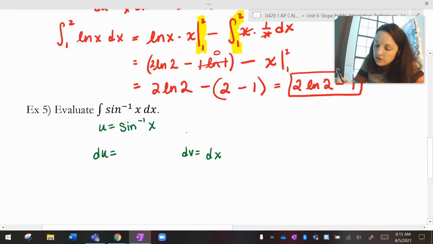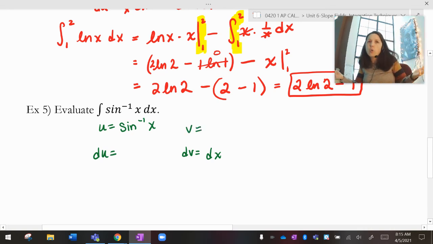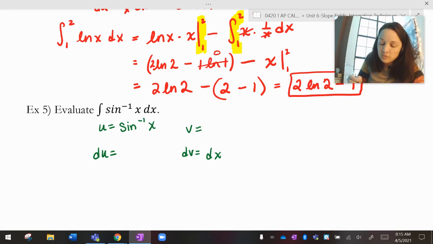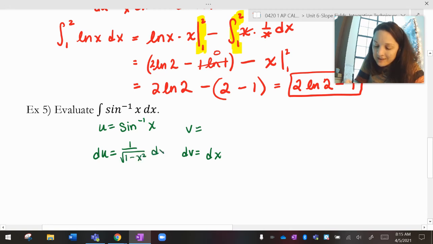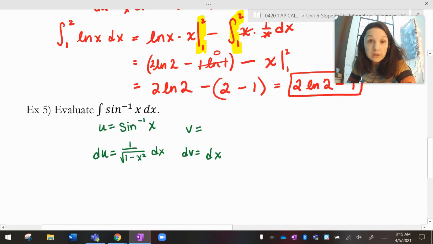And then du and v. Well, the derivative of inverse sine x, of course I've memorized all the derivatives of the inverse trig functions, Mrs. Vibber. You told me to do that, and I've done that. Right? The derivative of inverse sine x is 1 over the square root of 1 minus x squared dx. See it, know it, love it.